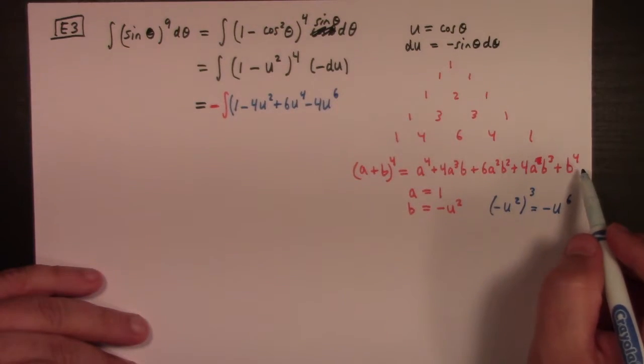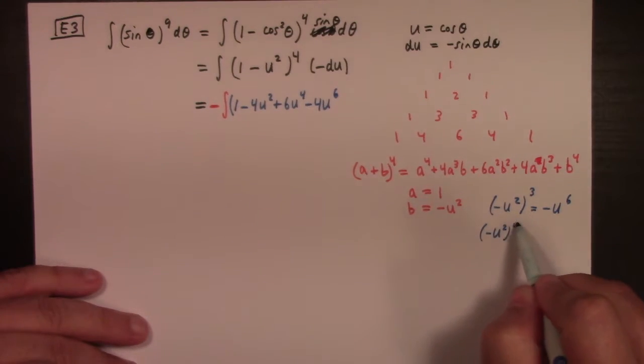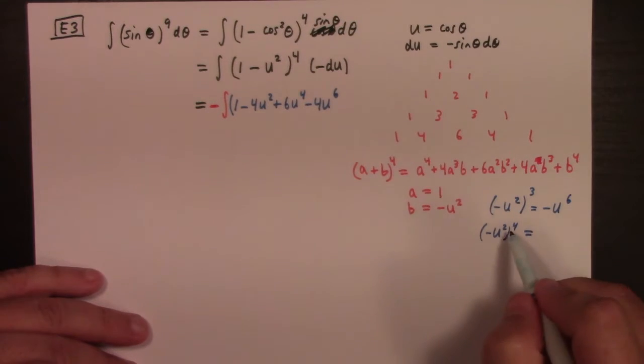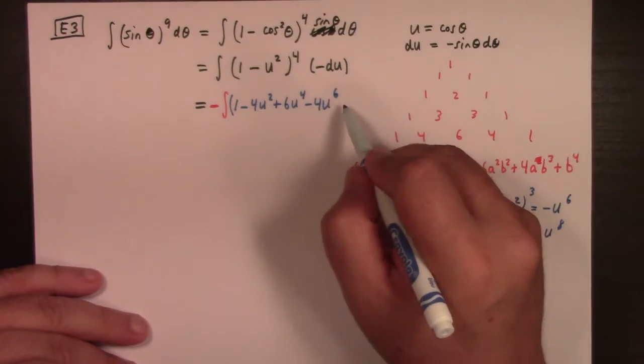And then finally the b to the fourth term, which is minus u squared to the fourth power. The minus cancels because it's the fourth power, and I get u to the eighth. So plus u to the eighth.